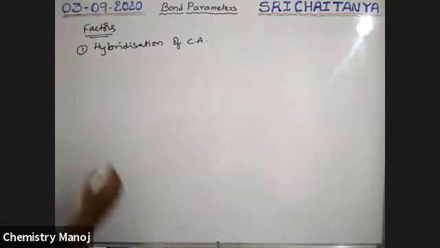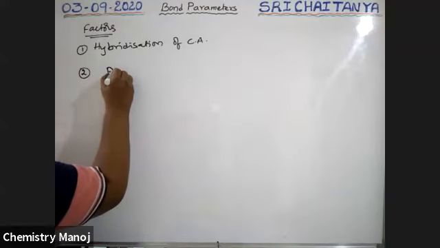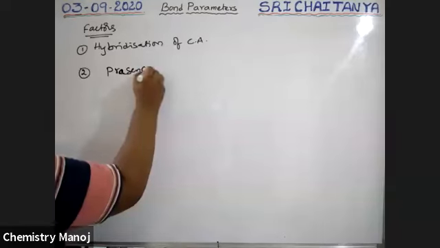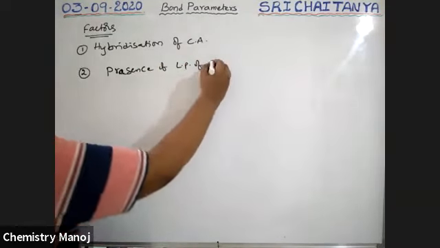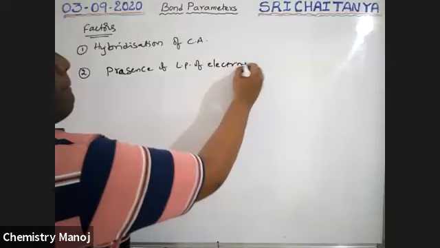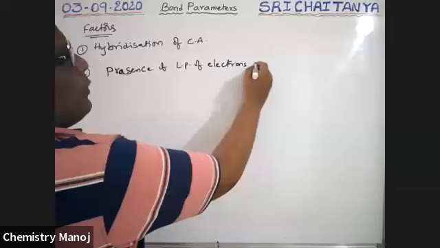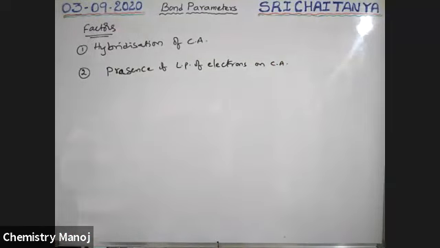Now the second one. That is the presence of lone pair of electrons on the central atom.